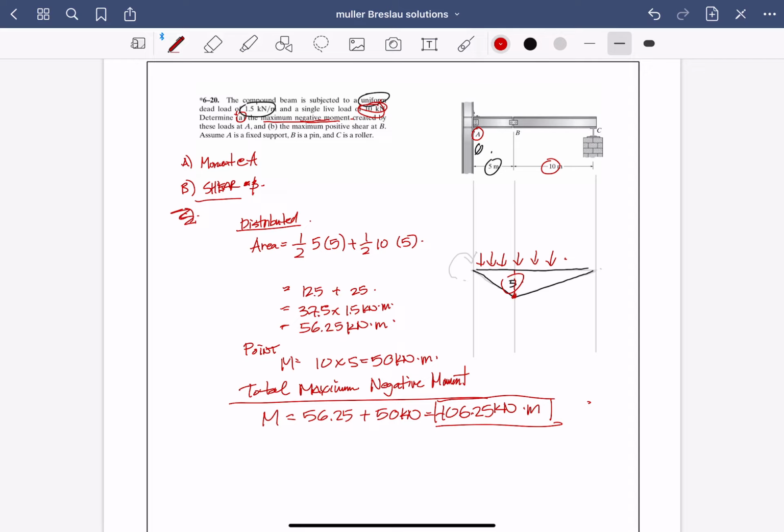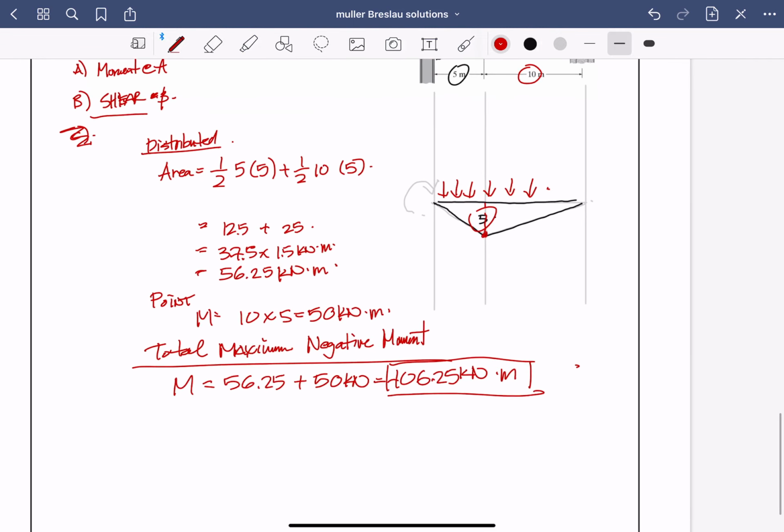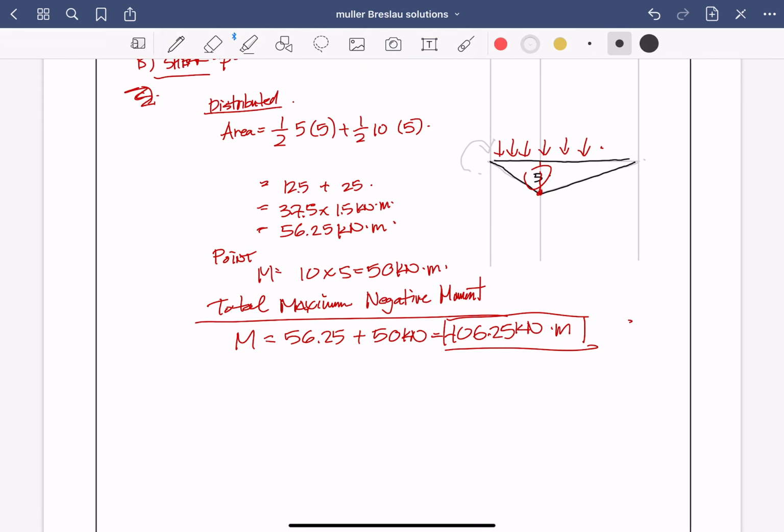Okay. So what we'll do is let's extend these lines down.